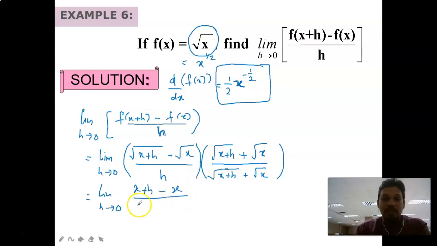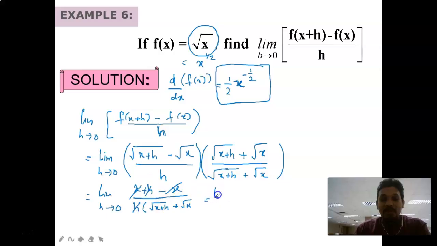Then h multiplied with the square root of x plus h plus the square root of x. Okay, x minus x. Then h divided by h.